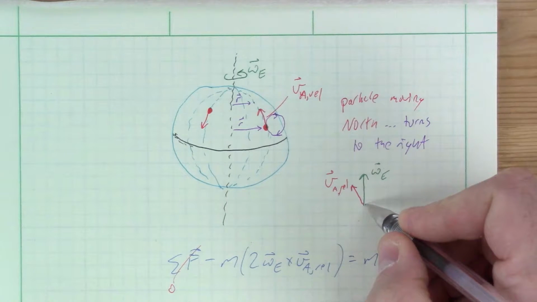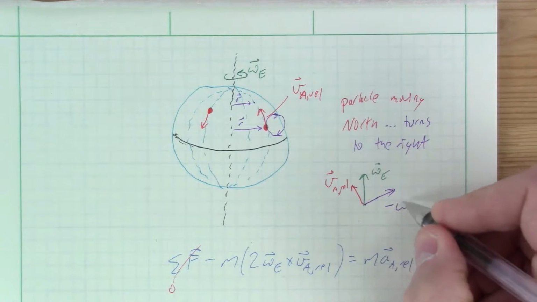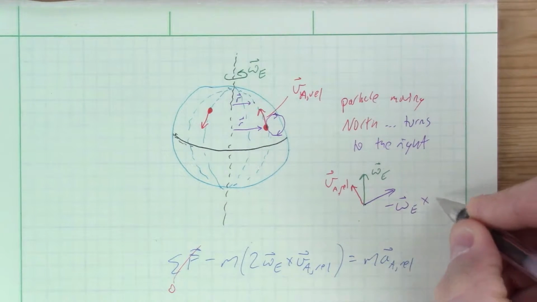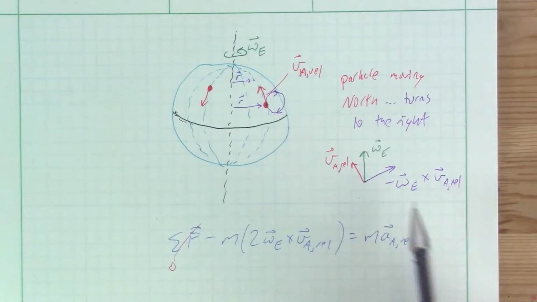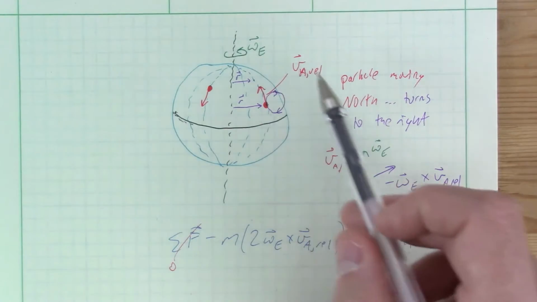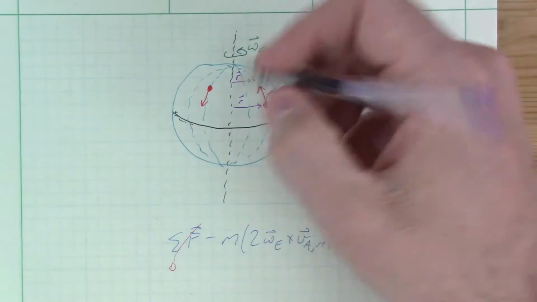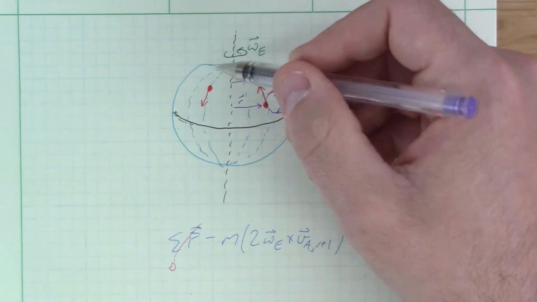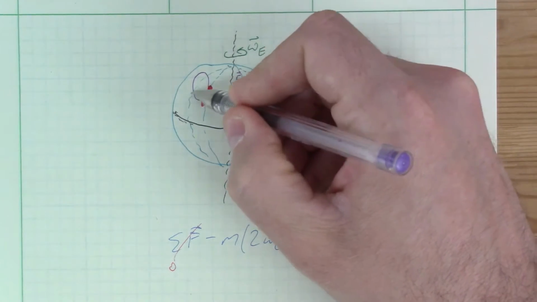This is minus omega E crossed into V_A relative. And so the fictitious force felt by the particle is always to the right, going in this circular pattern. And if we were up here in Montana throwing it southward, it is always bending to the right, and it creates this pattern.